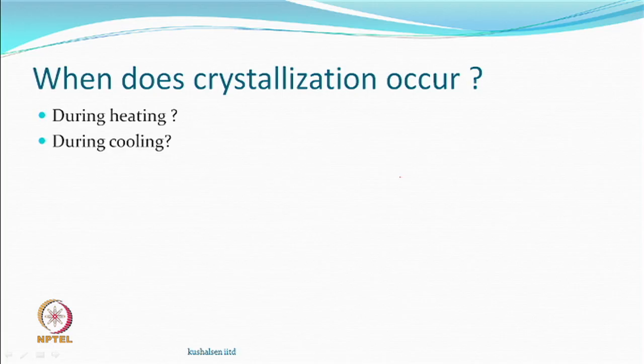Another question you may like to understand, and maybe you know it already: when does the crystallization occur? We said above the melting point, obviously there is no crystallization. Below the glass transition temperature, there is no crystallization. And what is our texturing process? Twist, set, detwist. And what is set?